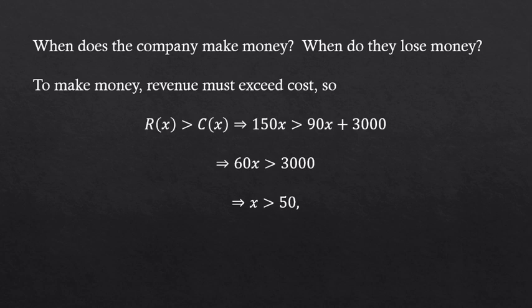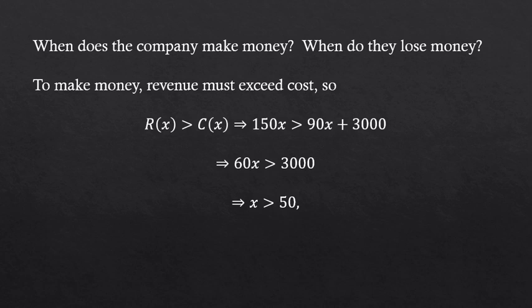And we're doing essentially the same work. It's not going to take too long to do essentially the same calculations and find that the company makes money when X is greater than 50. We're still subtracting 90x from both sides. We're then still dividing both sides by 60.